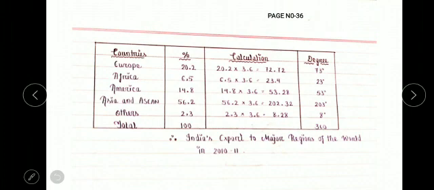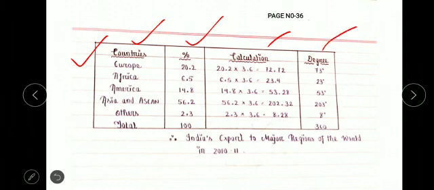For the drawing of the pie diagram, we have to make a simple table. The first column is countries, then the percentage that is already given within the data, then the calculation and the degree value. The percentage value, we have to simply multiply by 3.6.